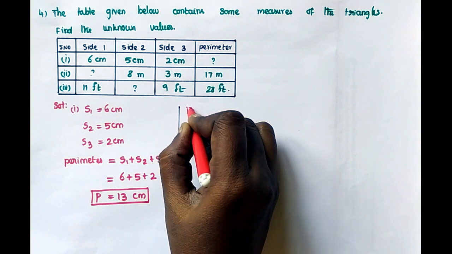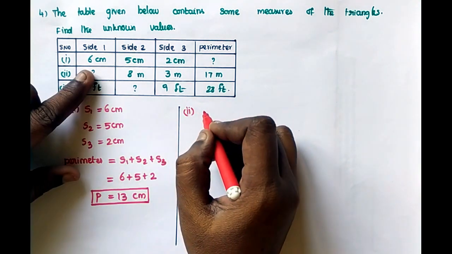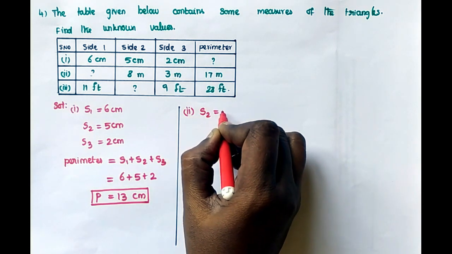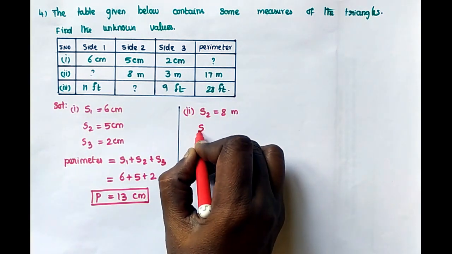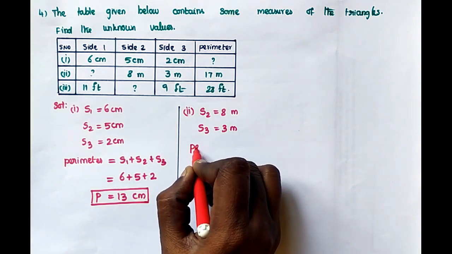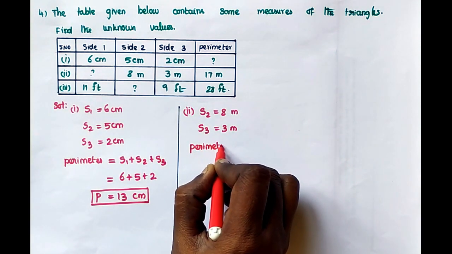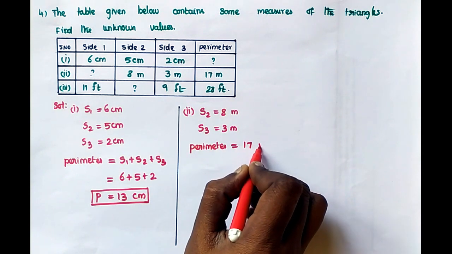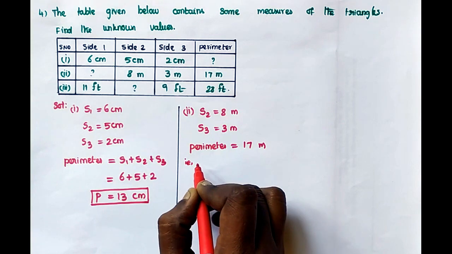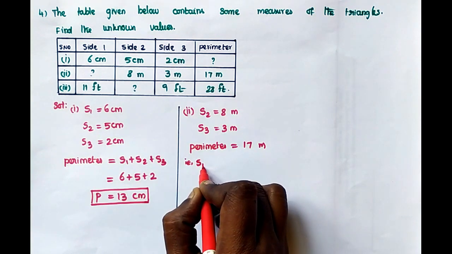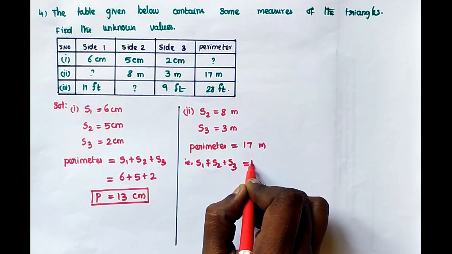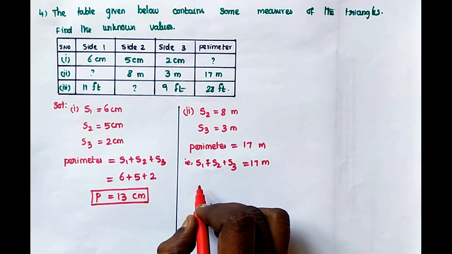Second one, they did not give the S1 side. S2 equal to 8 meter, S3 equal to 3 meter and they given the perimeter equal to 17 meter. What is perimeter? Instead of perimeter we have to apply the formula S1 plus S2 plus S3 equal to 17 meter.